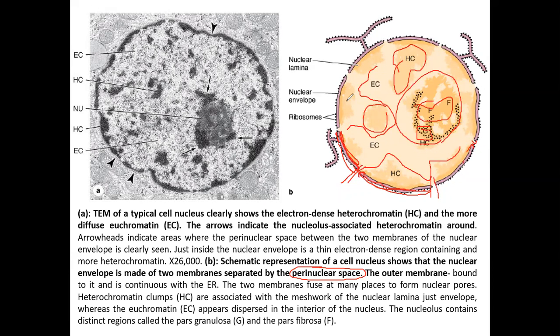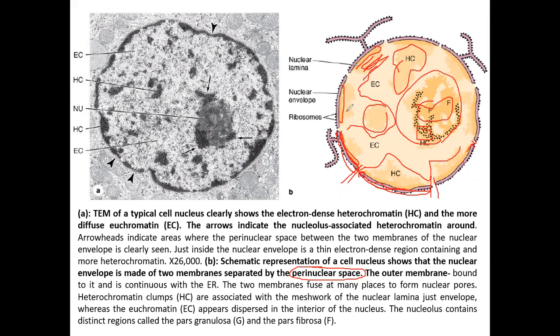If you can see, there are dark yellow areas here. If you notice, there is a thick layer here. This is what we call your nuclear lamina, also known as the fibrous lamina. It supports the nuclear envelope. Attached to the nuclear lamina are also chromatins.